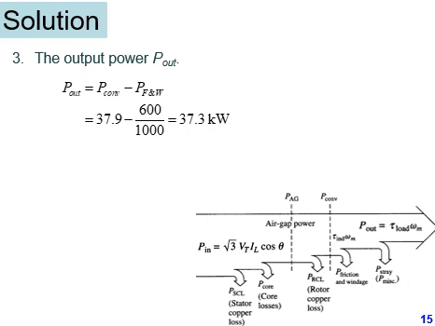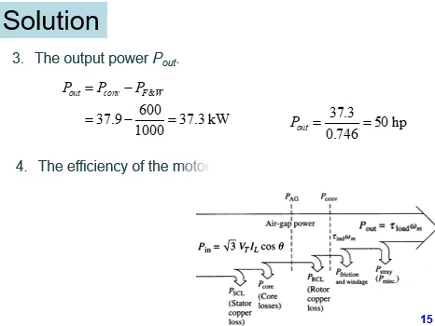In the third part, P converted is further reduced by two other powers: one is friction and windage power, and the other is P miscellaneous, which has been considered negligible.